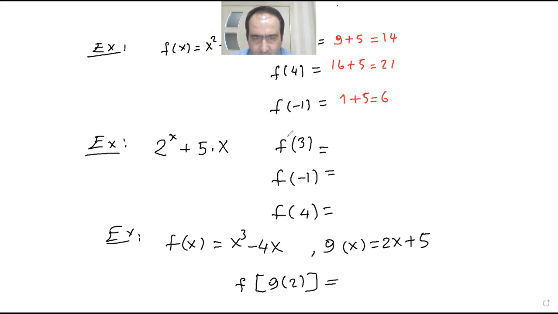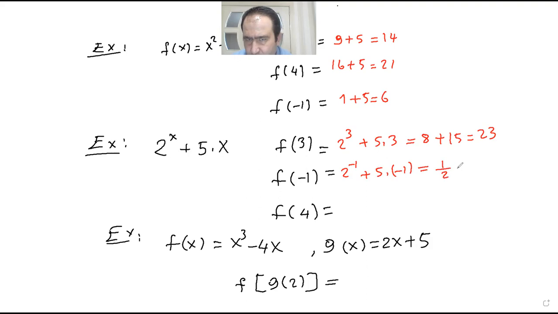This is 6. 2 to the power 3, 8, plus 5 times 3, 15. This is 23. 2 to the minus 1 is 1 over 2, 5 times minus 1 is minus 5.